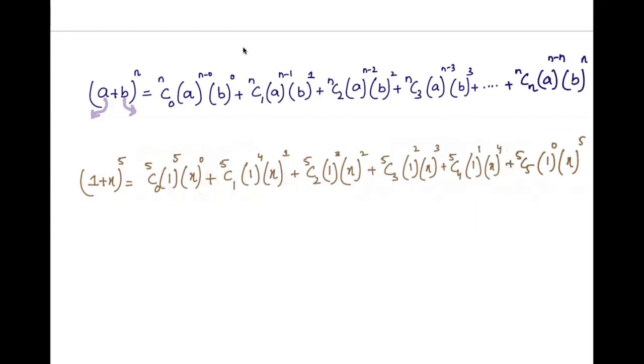Then you should also notice that the powers will always add up. The powers of the first term and the second term will always add up to give you the value of n. 4 plus 1, 5. 3 plus 2, 5. 2 plus 3, 5. 1 plus 4, 5. And 0 plus 5, 5. Now, I want you to use your calculator to evaluate 5C0.